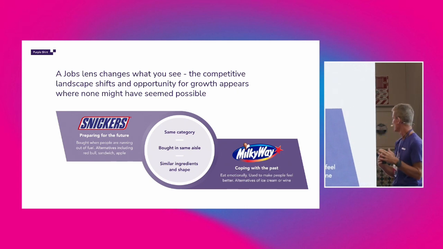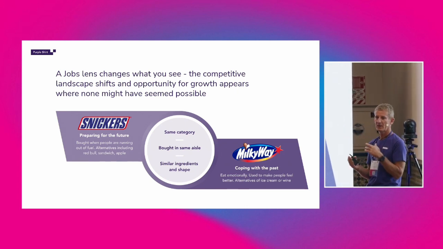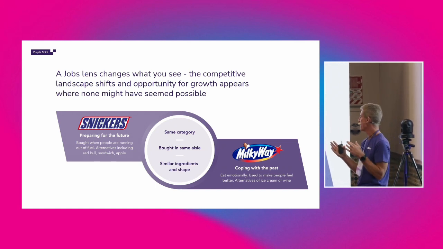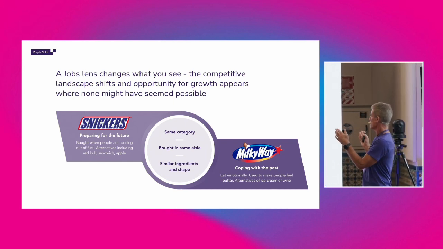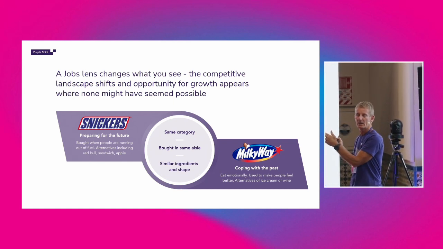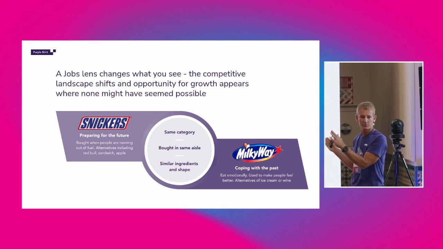So the things it's competing with are ice cream, wine, and who knows what else. But the point being that Snickers and Milky Way are solving two completely different jobs for their customers.